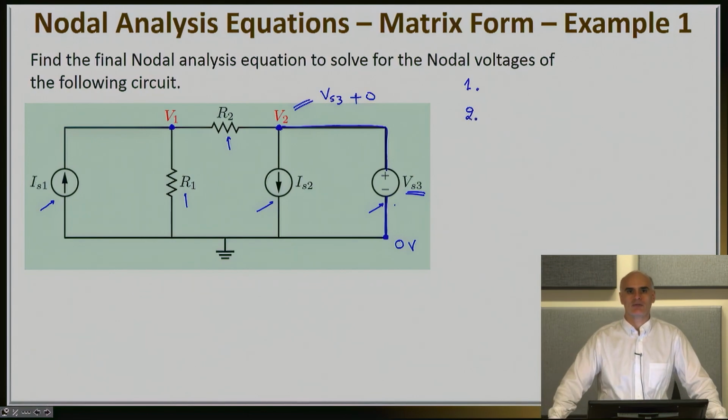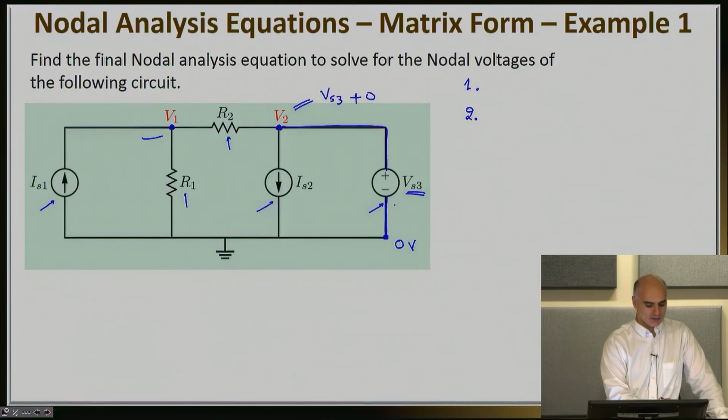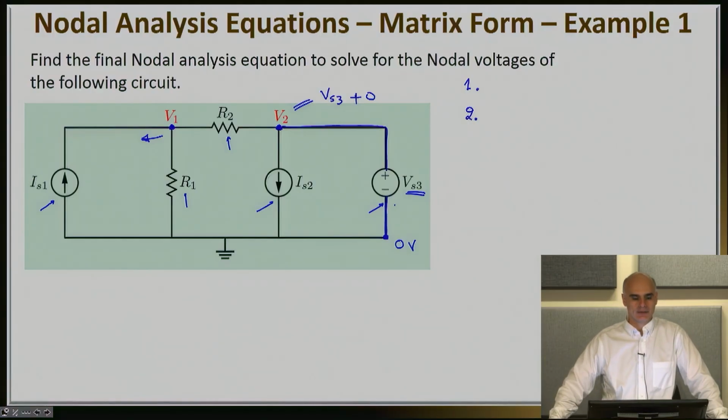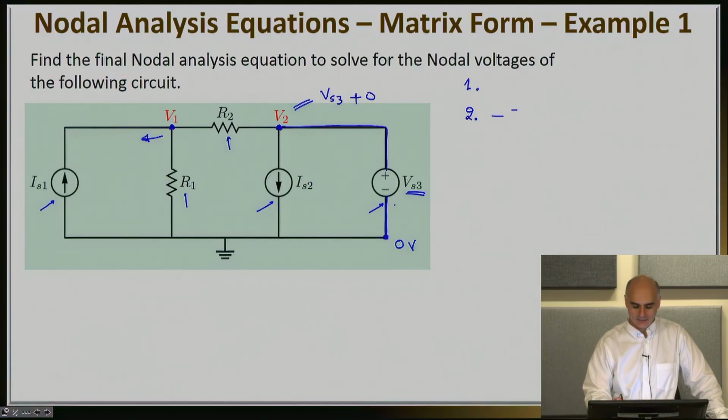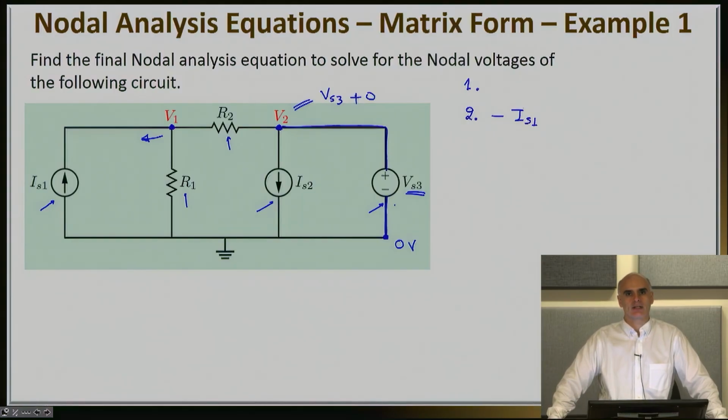So step number two says, go ahead and apply KCL for all unknown nodes. Let me focus on V1. It says, all the currents leaving this node must add up to 0. V1 may lose current to the left, and that current obviously will be equal to negative IS1, because there's a current source right there that is pointing in the opposite direction.